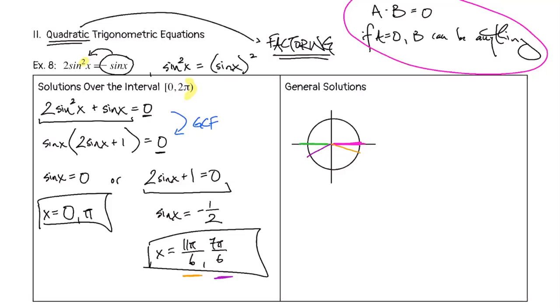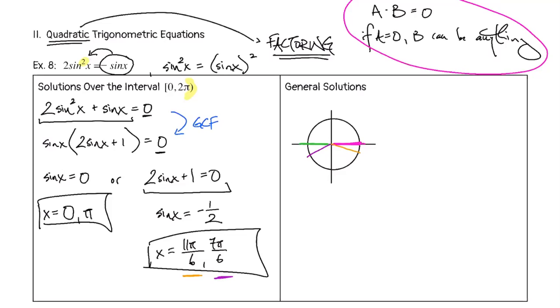No, they're not, right? So we're going to have to write the purple one and the orange one as separate solutions, okay? But the green and the pink one, because they are exactly halfway around the unit circle, we can write those as a single solution, okay?